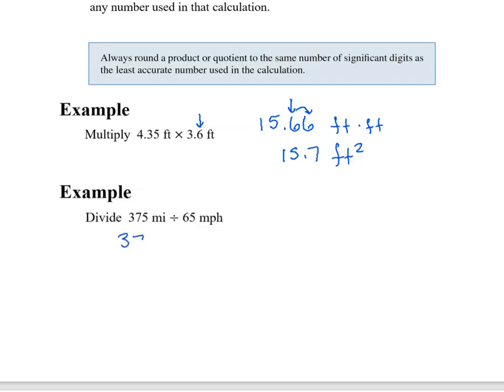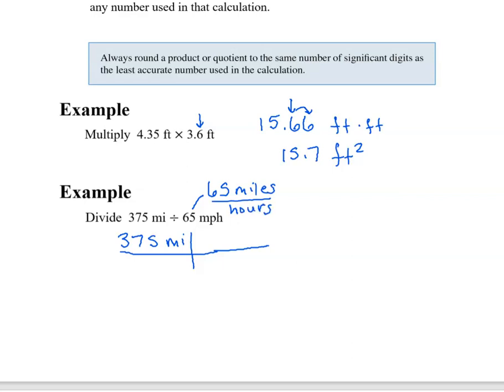Okay, this time it says to divide 375 miles by 65 miles per hour. Now, this could be a little bit tricky, but remember the properties we talked about when we talked about dividing: when you divide, you multiply by the reciprocal. So this is 65 miles over hours.